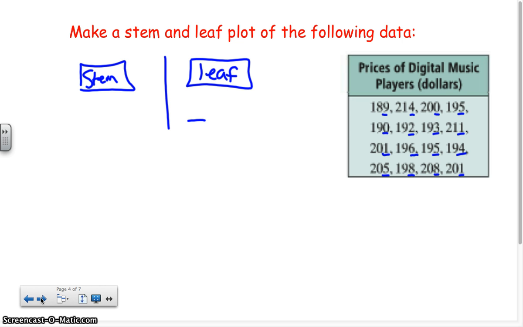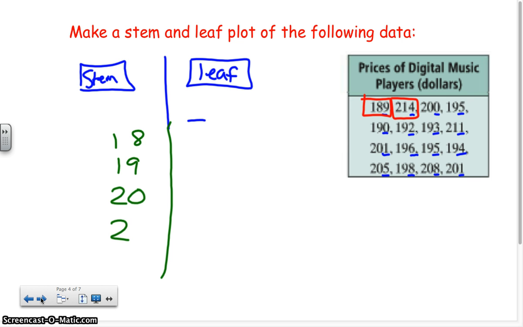I'm looking at my smallest value, which is 189, and my largest value is 214. So I'm going to go from 18 to 21. So I'm going to go 18, 19, 20, 21.